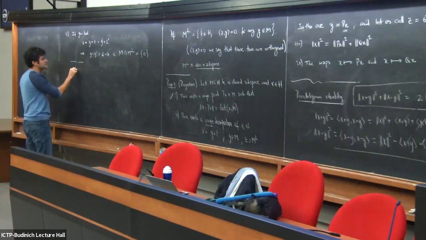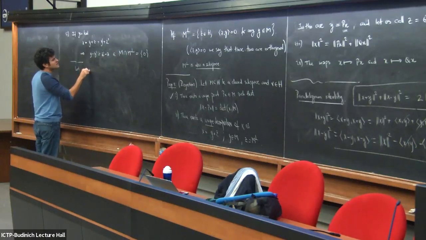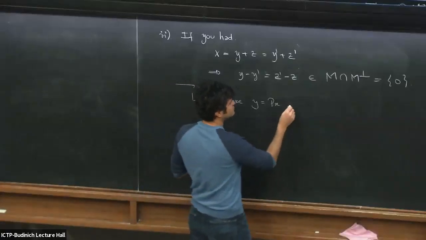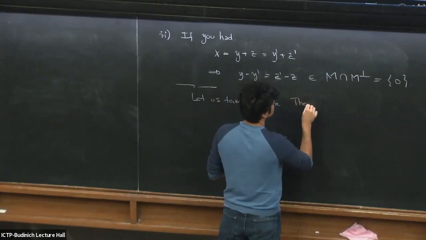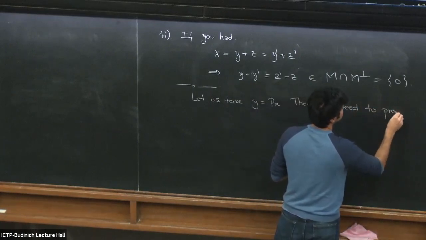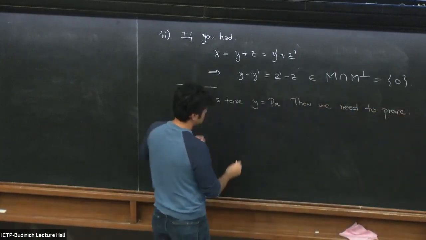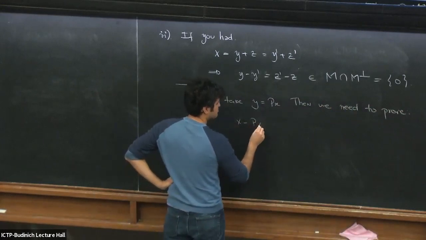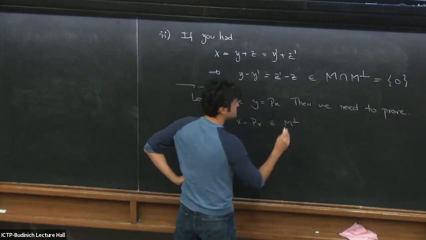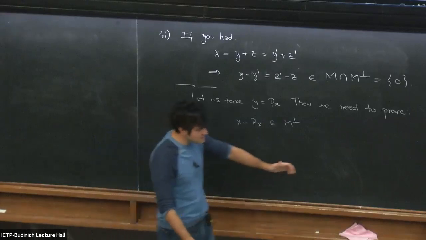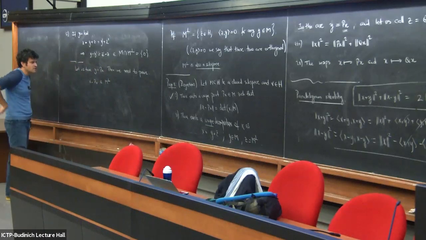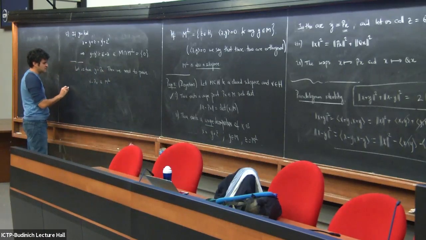Let us take my Y being P of X. All we have to prove is that X minus P of X belongs to M perp. This would be my Z. If I take this guy, I just have to prove that this difference belongs to M perp. Okay, in fact, let's do it.